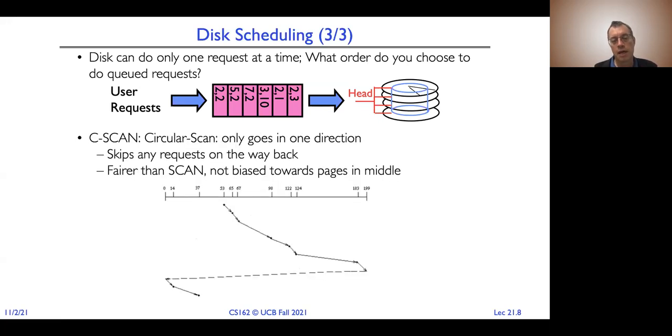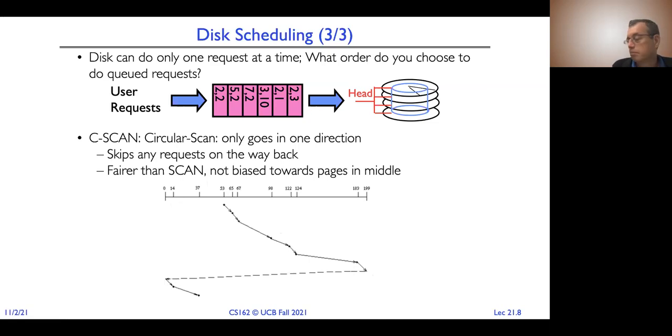What is the solution here? Well, the solution is circular scan or C-scan. And this basically just goes in one direction. You serve the requests only in one direction, and when you are done with those, you immediately go to the other edge and start serving them again.